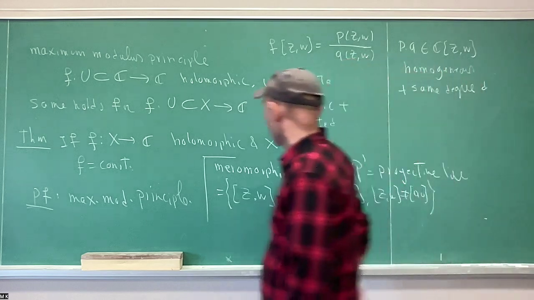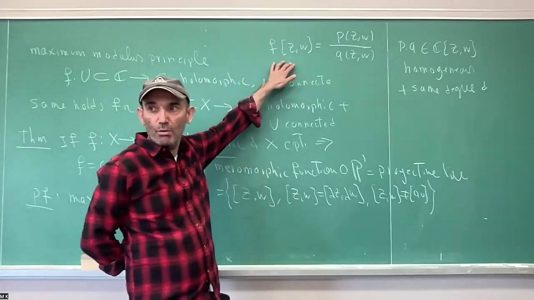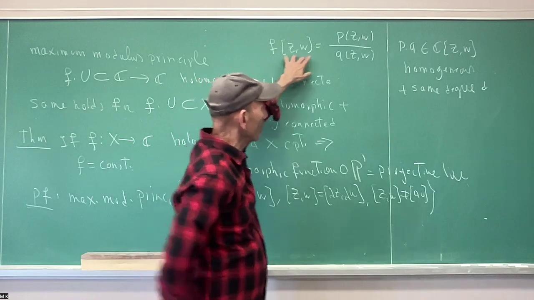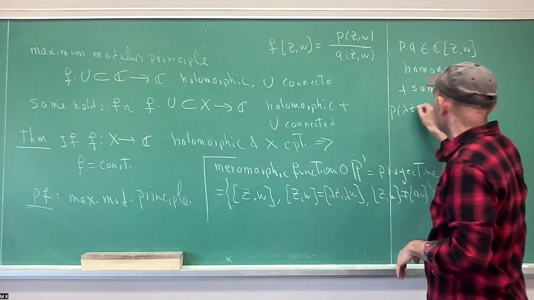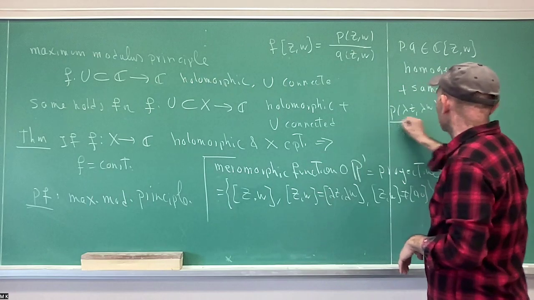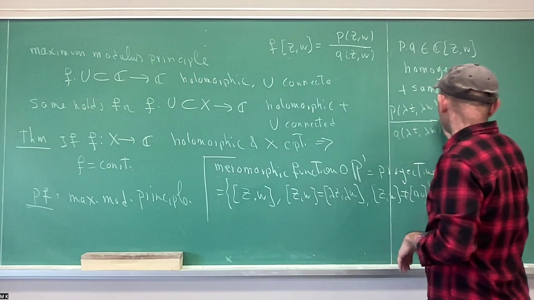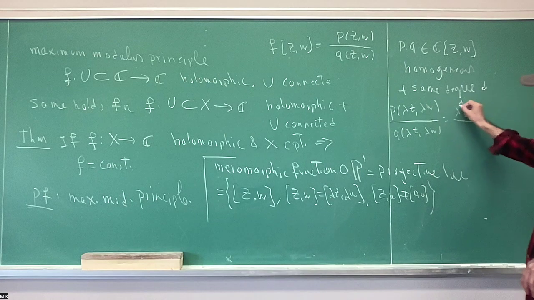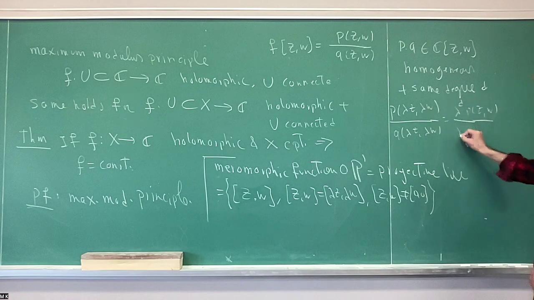Now look, why does this define a function? The thing you have to check is what happens to P of (lambda Z, lambda W) divided by Q of (lambda Z, lambda W). Because these have degree D, this becomes lambda to the power D times P of (Z, W) divided by lambda to the power D times Q of (Z, W).